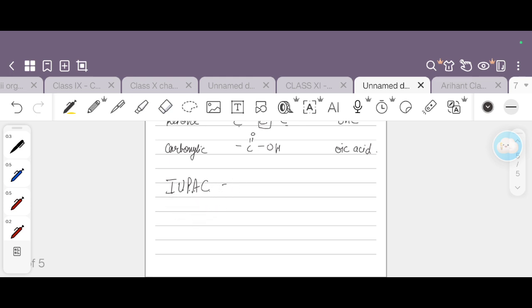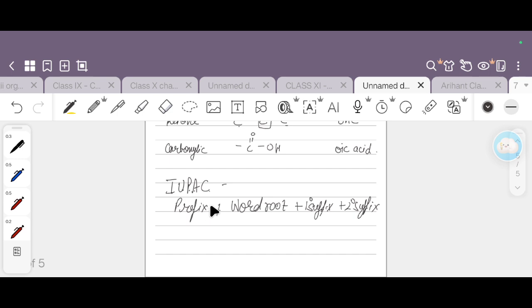For the next video we will start with some examples of IUPAC naming, or we can say nomenclature, and some chemical properties. The basics for IUPAC naming is that we have to use a word root, then a primary suffix, then secondary suffix, and for some compounds we will use some prefix.